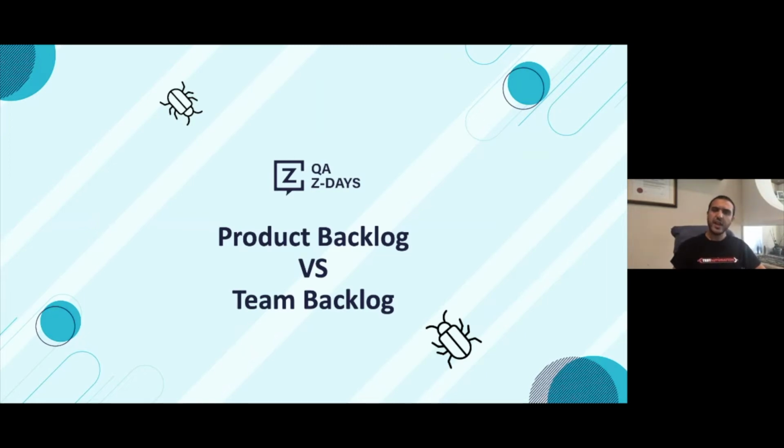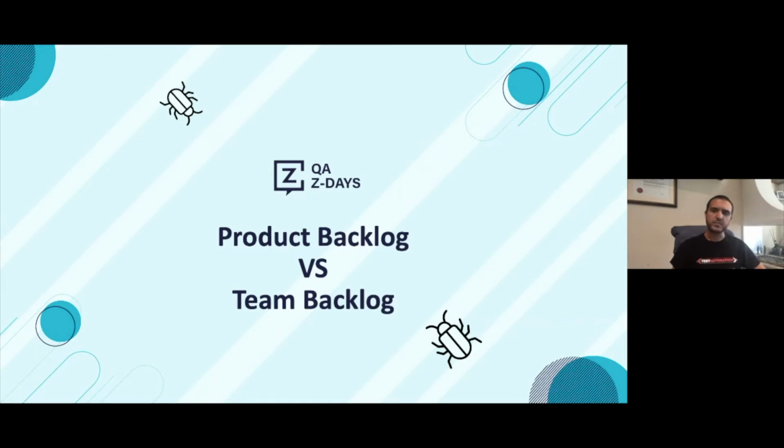On the other hand, a team backlog will contain tickets created by the development team, maybe discussed during the retrospective or any other meetings, which will benefit the development team themselves. For example, adding more unit tests, refactoring some code, and also maybe automated tests.